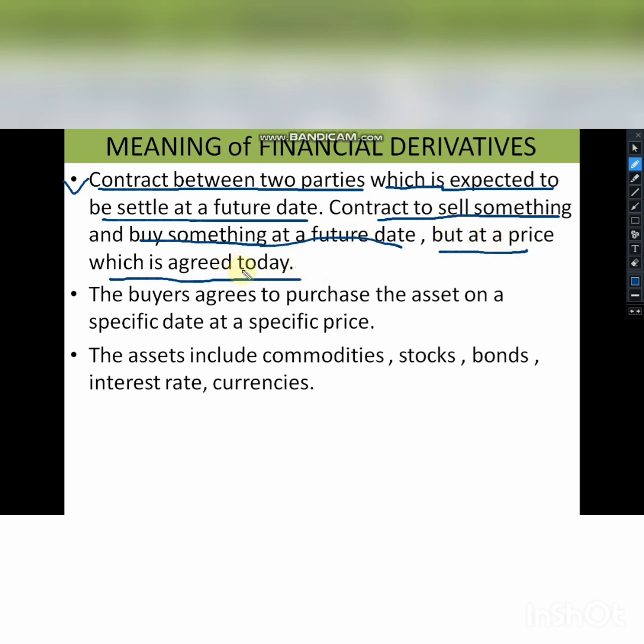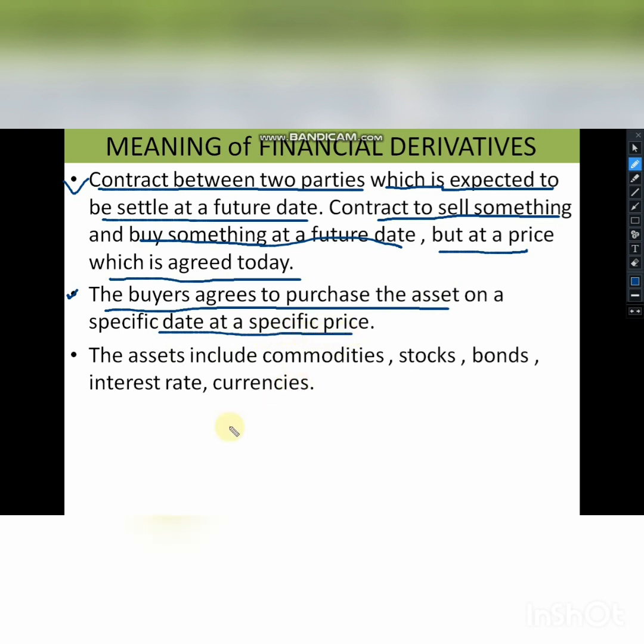Coming to the next point, the buyer agrees to purchase an asset. The buyer has agreed to purchase an asset on a specified date at a specified price.